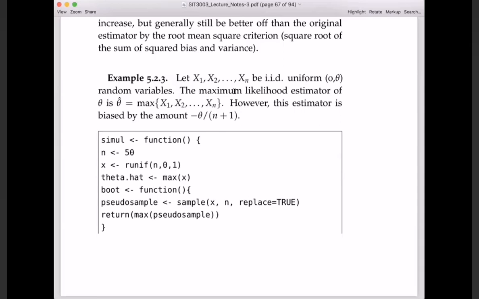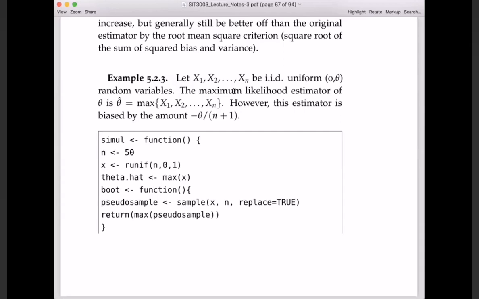This estimator can be shown to have a bias of minus theta over n plus 1, because its expectation is not equal to theta, but equal to n theta over n plus 1. Of course you could make it an unbiased estimator by multiplying by n plus 1 and dividing by n.